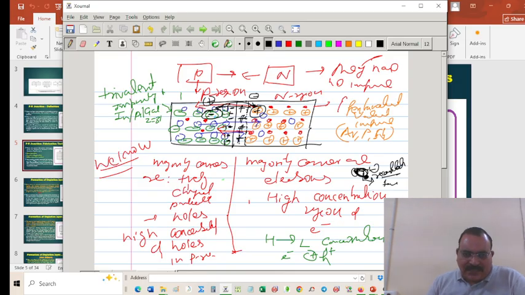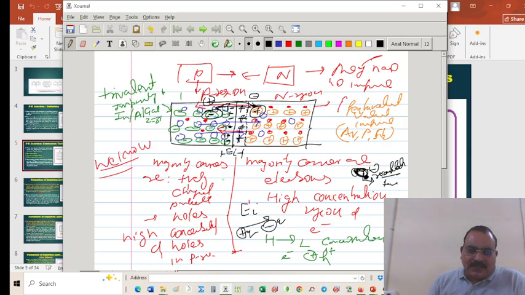If I see this, there is development of an internal field. If I call this E_i, it is always directed from positive to negative, from plus q to minus q. So there is development of an electric field in this process.